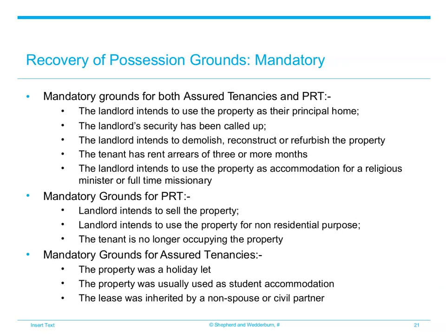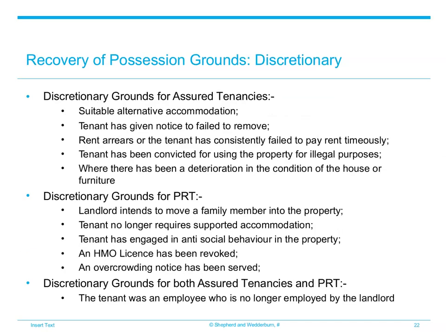Secondly, the ones for only private residential, and thirdly, the ones that only apply to assured tenancies. I'll leave you to have a look through those at your leisure, and I've done exactly the same for discretionary. However, I don't know why I've tailored these slightly differently. So first one is for assured tenancies only, secondly for PRTs, and then lastly for both assured tenancies and PRTs.